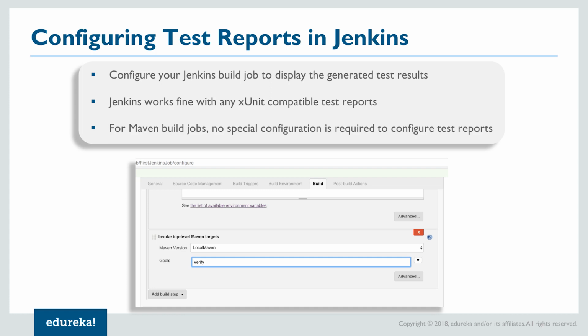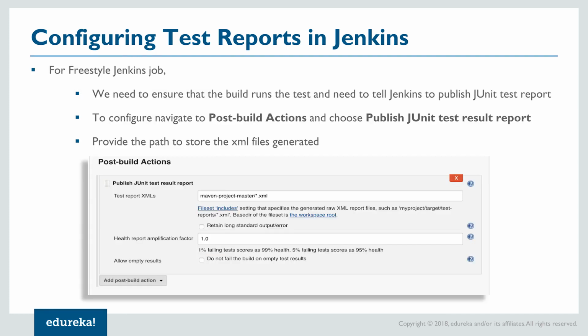Now Jenkins works fine with any of the JUnit compatible test reports. In fact, for Maven build jobs, you don't need any kind of special configuration in order to configure the test reports. For freestyle Jenkins jobs, we need to ensure that the build runs the tests and we need to tell Jenkins to publish the JUnit test report. Once again, we need to make sure that this plugin is installed on our Jenkins instance.